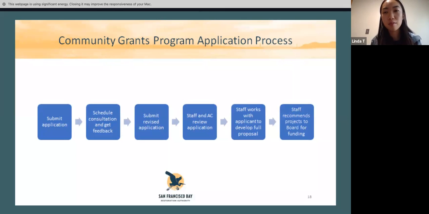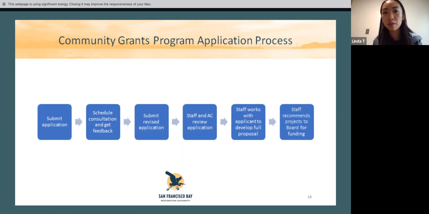Then staff will get back to you to have a conversation about the proposal and see if our funds are a good fit for your ideas. Then you'd get a chance to submit a revised application before our staff and our advisory committee members review it formally.